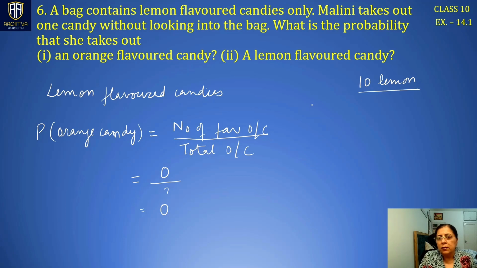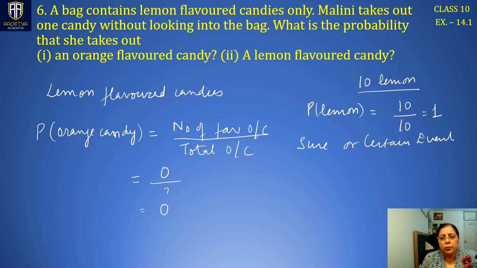So the probability of lemon flavored candy: the favorable outcomes are 10 as well as the total outcomes are 10. So it becomes 1. It is sure that whenever you have a bag full of any number of lemon flavored candies, if you draw one candy out of it, you will always get a lemon flavored candy only. So this event is a sure or certain event.